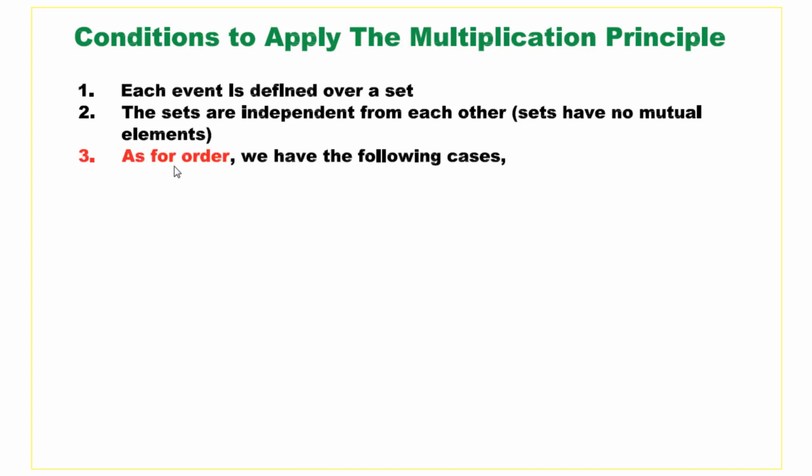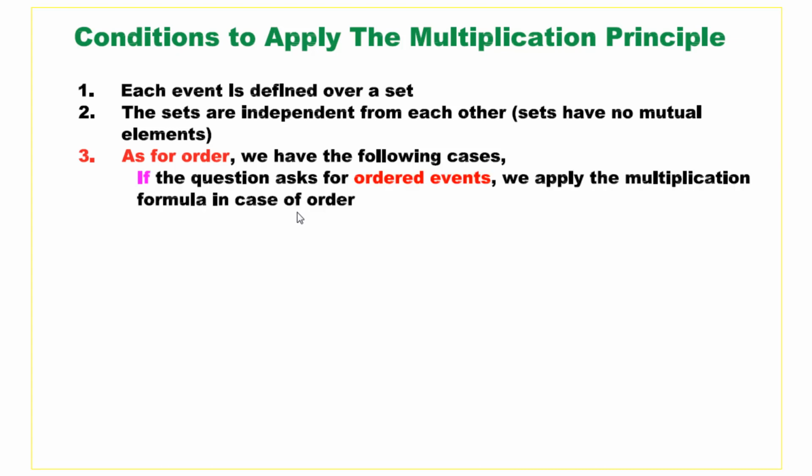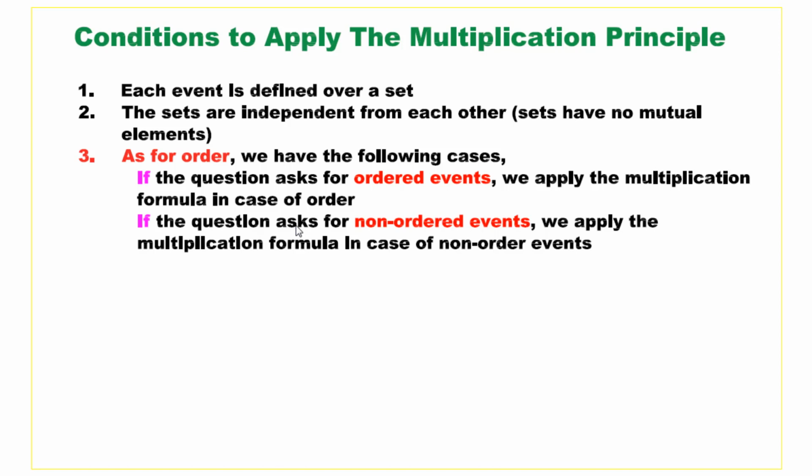As for the order, we have the following cases. If the question asks for ordered events, we apply the multiplication formula in case of ordered events. If the question asks for non-ordered events, we apply the multiplication formula in case of non-ordered events.